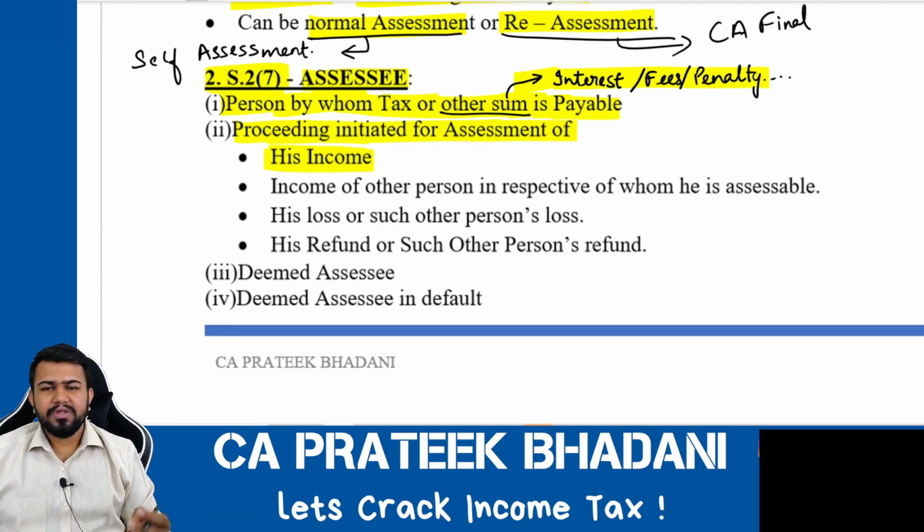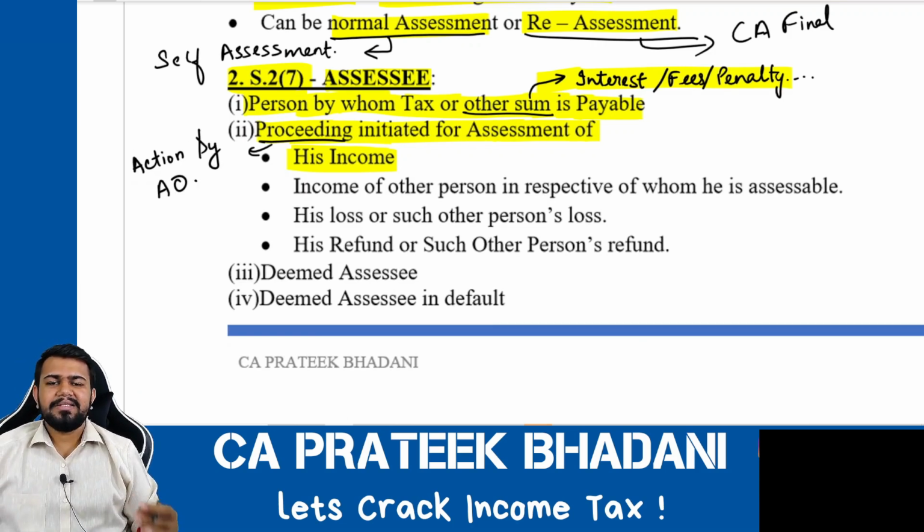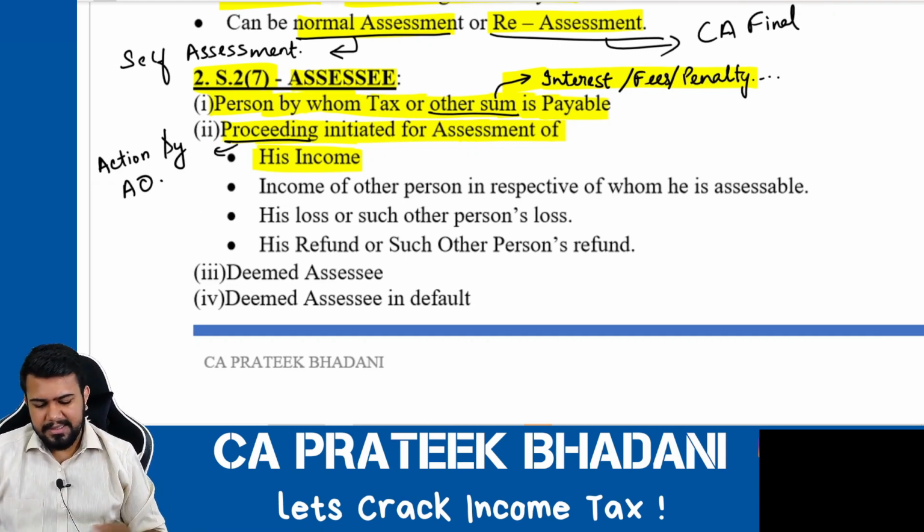He will start a proceeding against me. Proceeding means what? Action. He will start action against me. Okay. Action can be by assessing officer. So he will start an action against me to determine my income. So when he starts a proceeding against me, I will automatically become an assessee. Okay. I will automatically become an assessee.